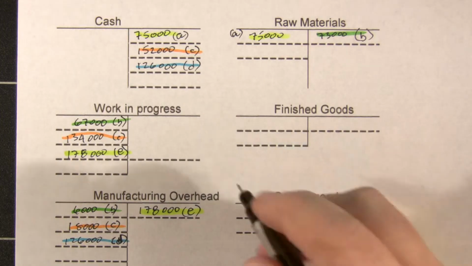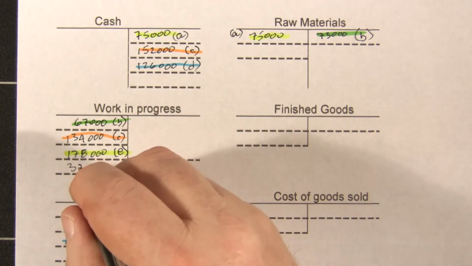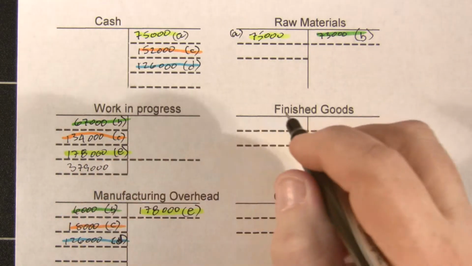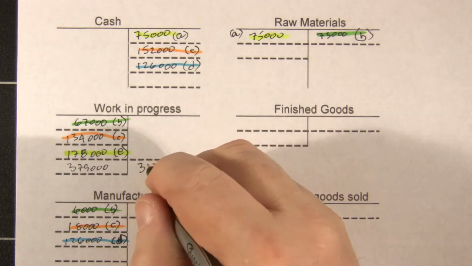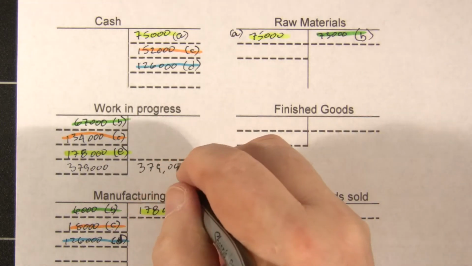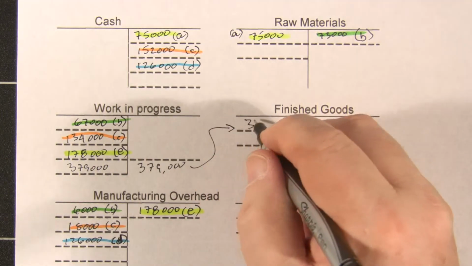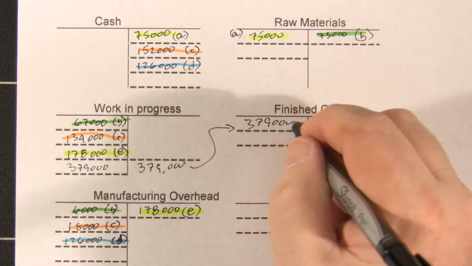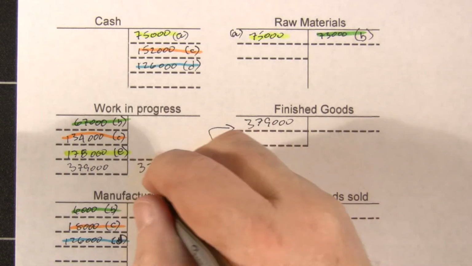Okay? So this is $379. That's what that totals to. We now have told that we're shipping that, that's finished and shipped to customers. So that's transaction F, that all the goods were finished and shipped.